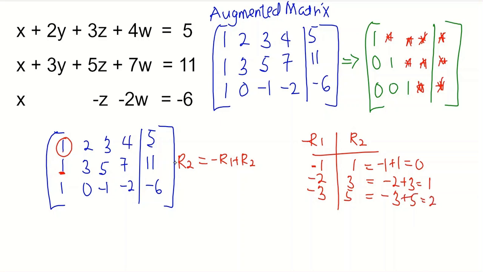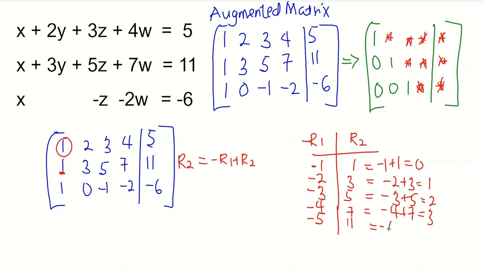In row 1 we have 4, because there is minus, we bring -4, and in row 2 we have 7, and so the addition gives -4 plus 7, and the answer is 3. And then in row 1 we have 5, so it becomes -5 here, and in row 2 we have 11.